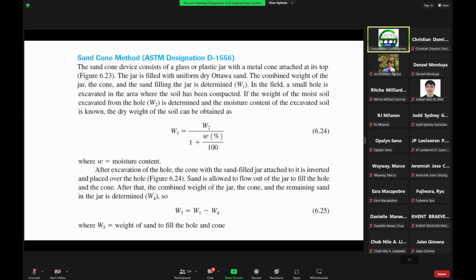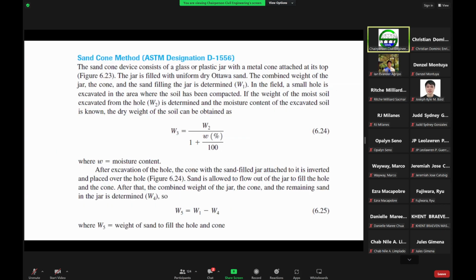So then you now have the weight of the soil from the excavated hole. Then you have the volume of the excavated hole. So this is now the weight, the dry weight of the soil in the hole.